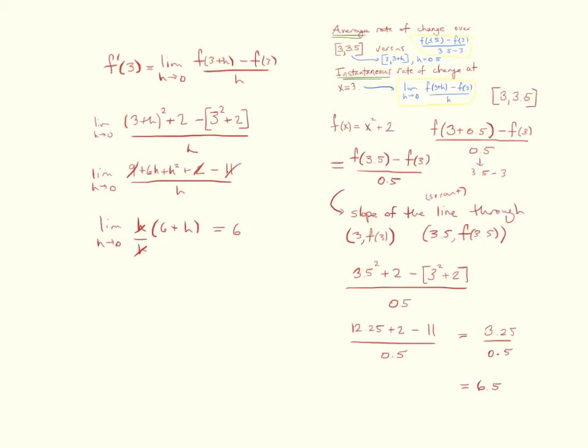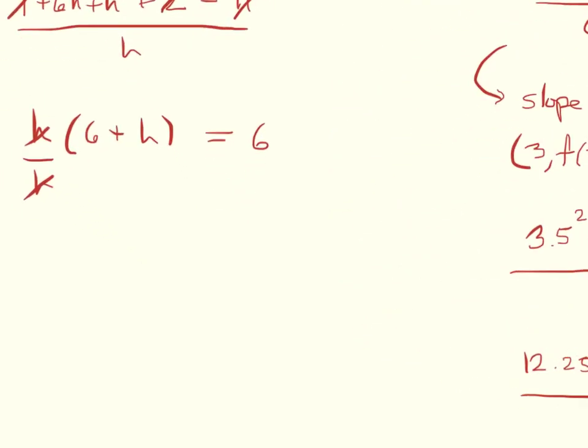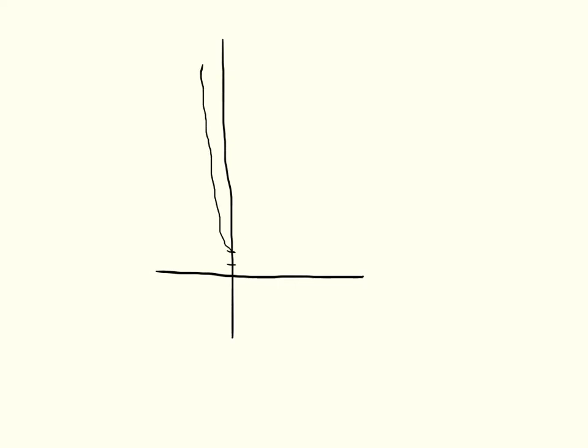The situation is this. We have a function x squared plus 2, and we are looking for the slope of the tangent line at the point 3 comma 11.